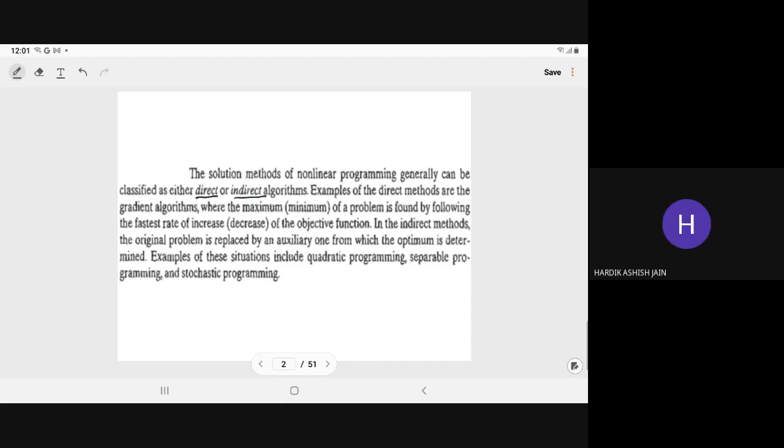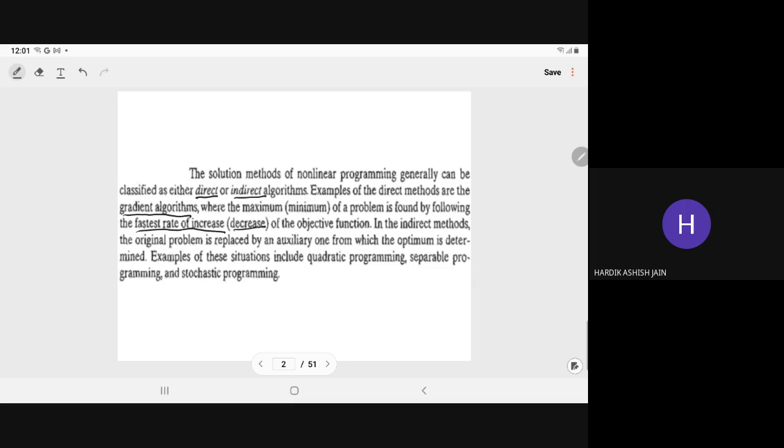Yes, sir. An example of the direct method, in your course, is the gradient algorithm, based on the derivative, where the maximum or minimum of the problem is found by following the fastest rate of increase or decrease.